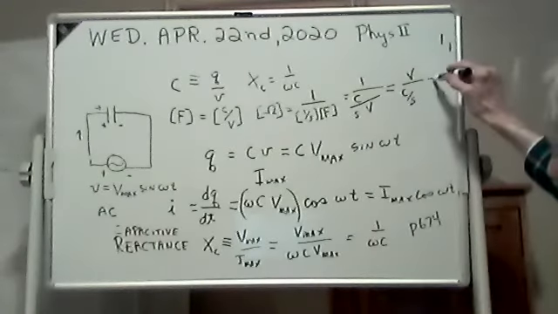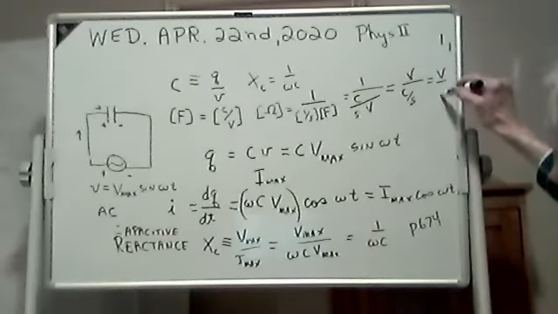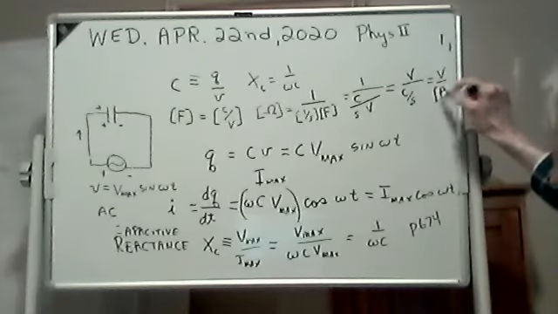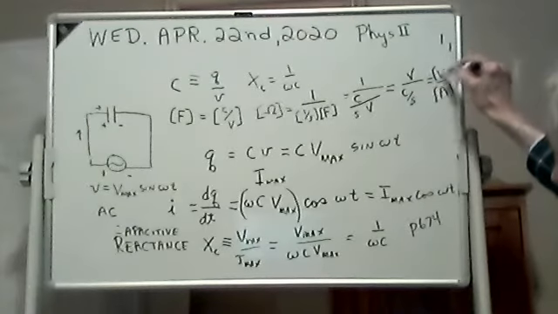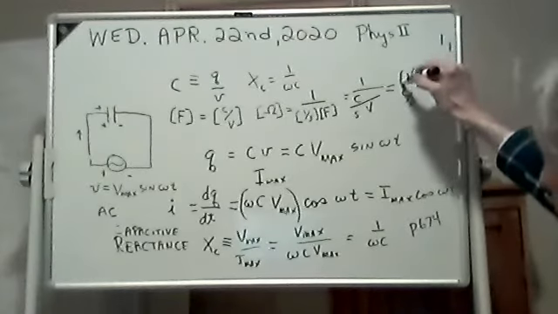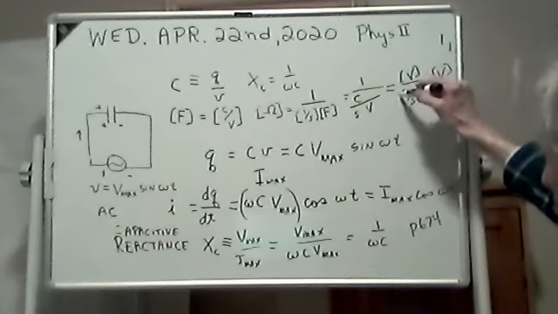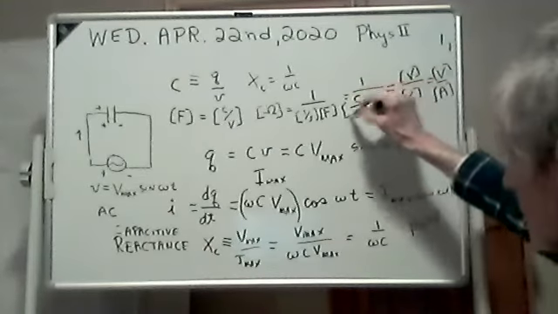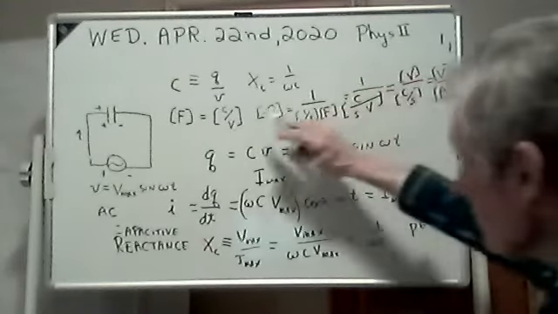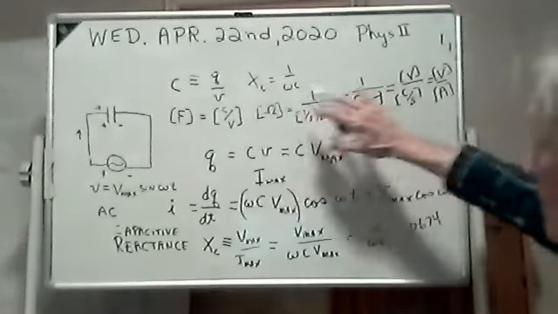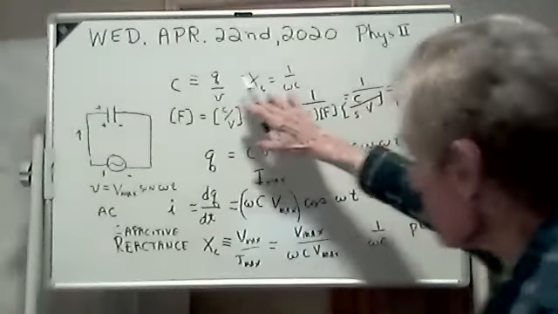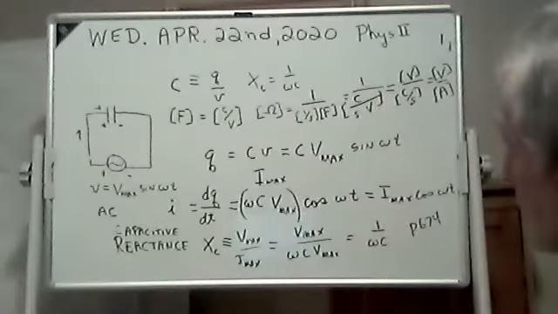So what we have here is volts over amps. Hey, guess what? Volts over amps, that's ohms, isn't it? Yep. So it works. This stuff works. This thing turns out to be ohms. How about that? And we have capacitive reactance.